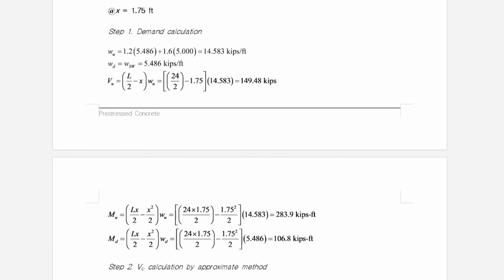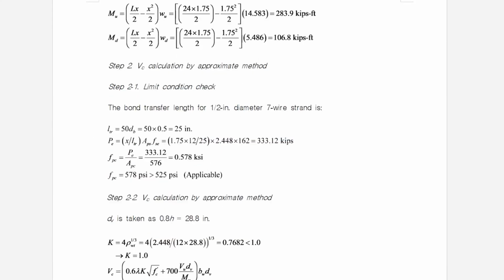Self-weight and live load are given, and sectional properties as well. At 1.75 feet, I calculated Vu and Mu. By the way, I am not sure whether I need the self-weight, because it's the only dead load here anyway. That's from the unit weight of the concrete.